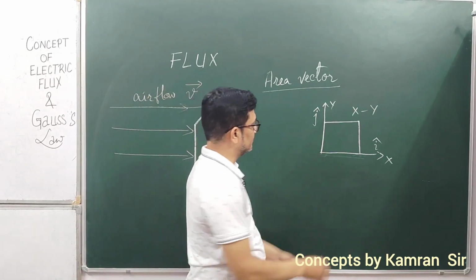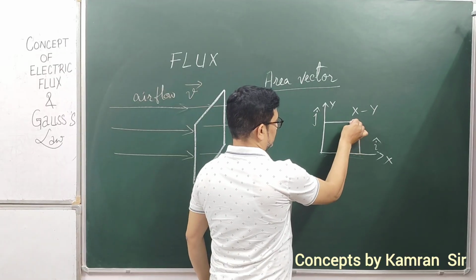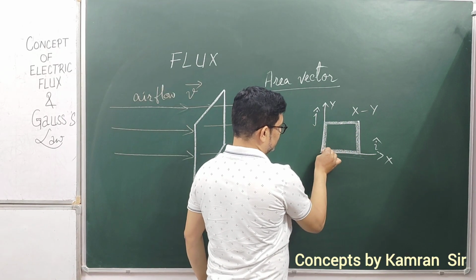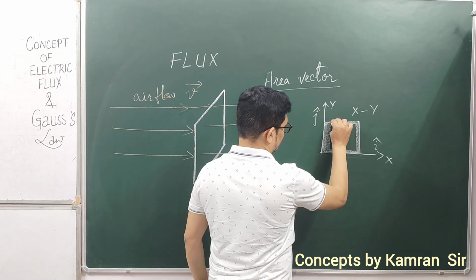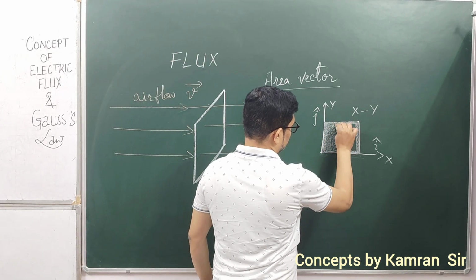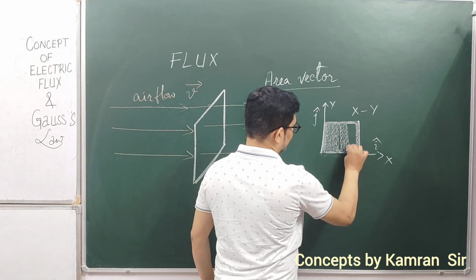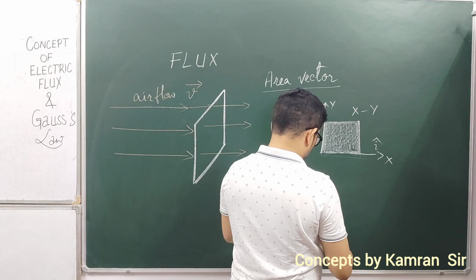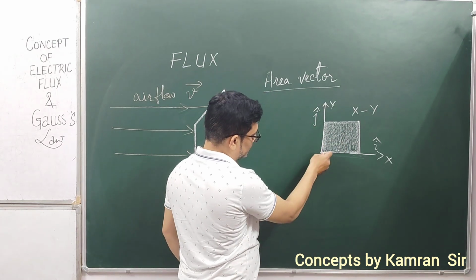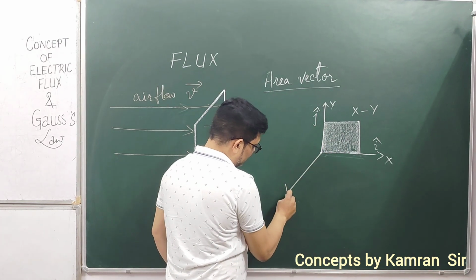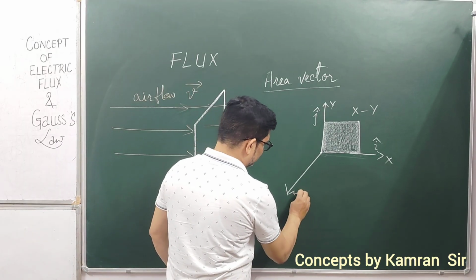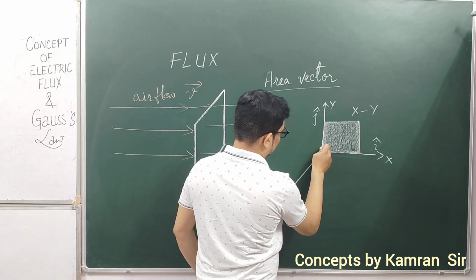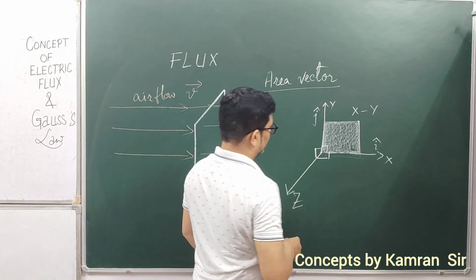And we imagine this square surface to be lying on this plane. Now this has a face, and that face is showing up in the direction which is perpendicular to this xy plane. If we want to make a three-dimensional coordinate axis, we can associate this with z, and we know all three axes are mutually perpendicular.